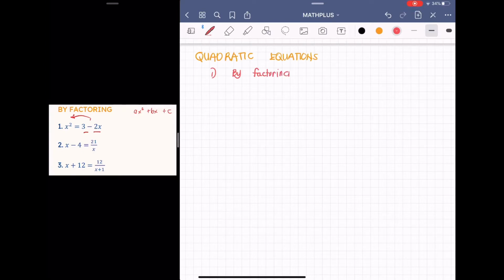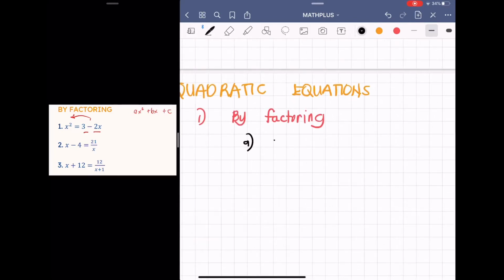Again, the note is that if you're given a problem or a quadratic equation, it must be transformed to its general form. That means the right side of the equation must be equated to 0, which means everything on the right must be transposed to the left, so that you get 0 on the right side.